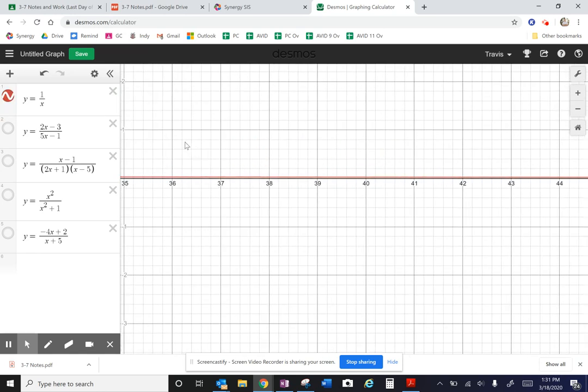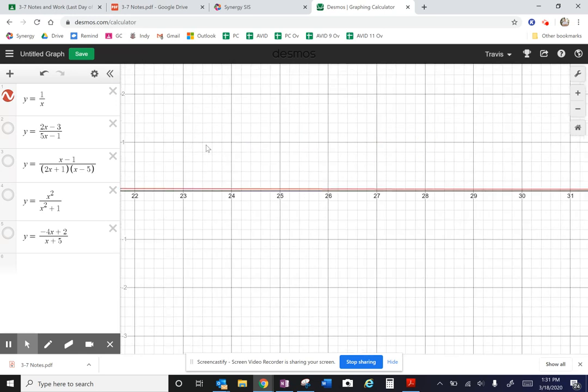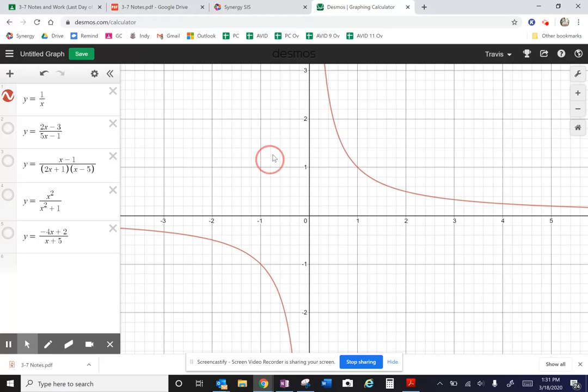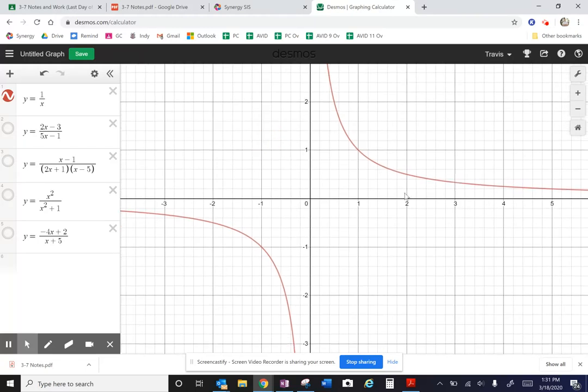In this graph, which is y equals 1 over x, we can see that the further and further right we go, the closer and closer our y value approaches 0. That means there's a horizontal asymptote at 0. So when we see what's happening as x gets bigger and bigger, we're finding our horizontal asymptotes.